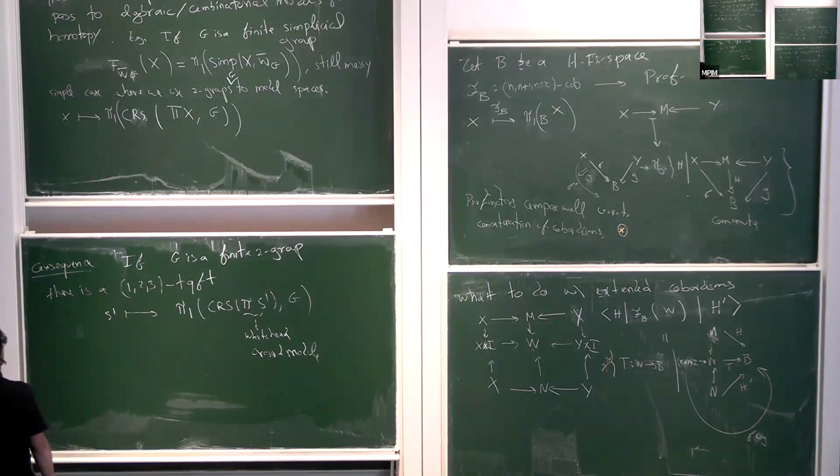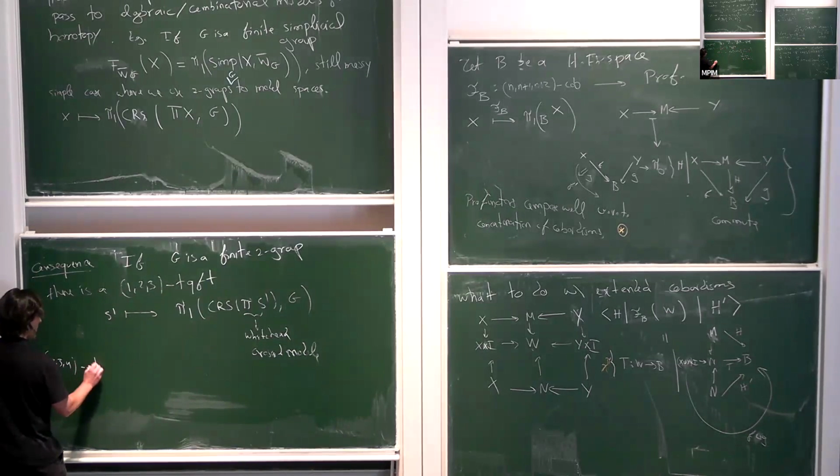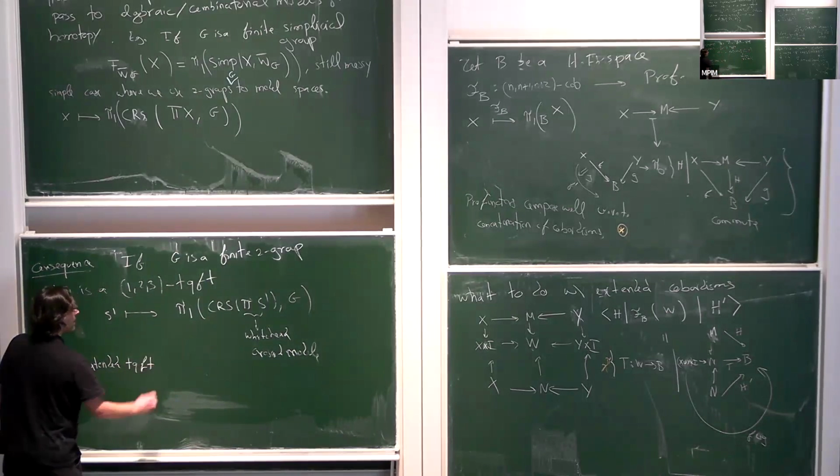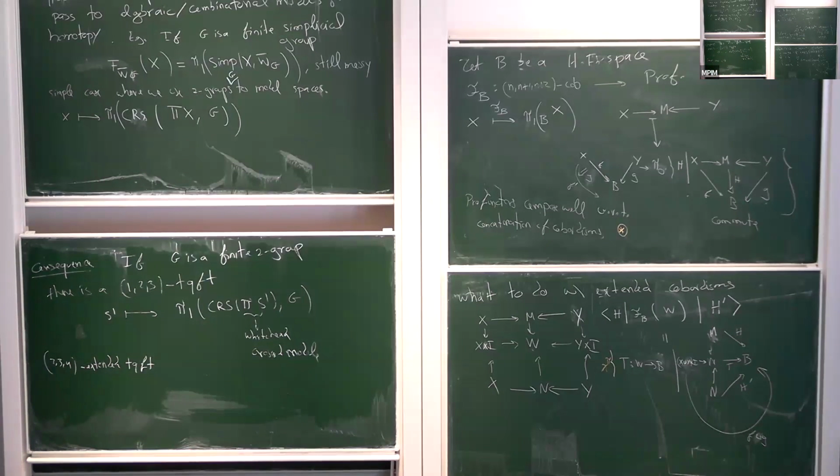So another example: there is a 2, 3, 4 extended TQFT. What would it do?